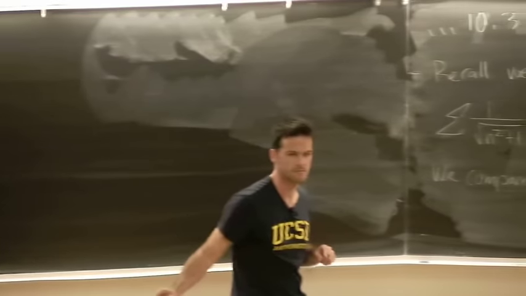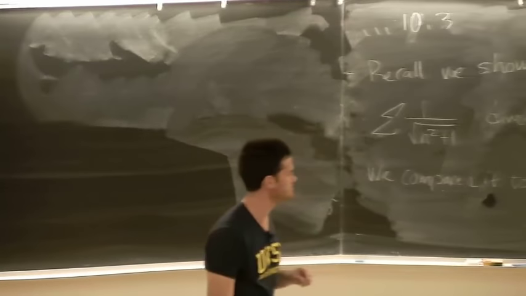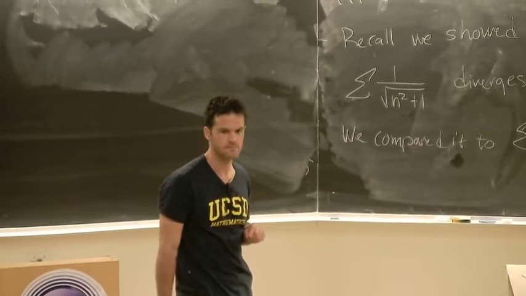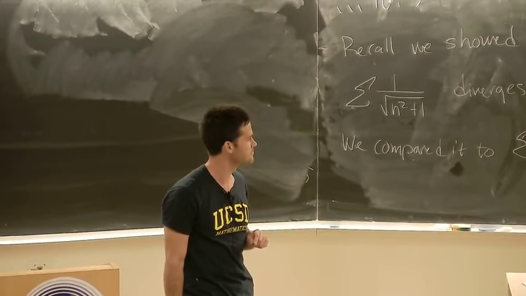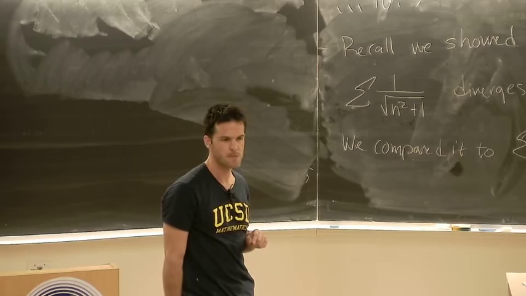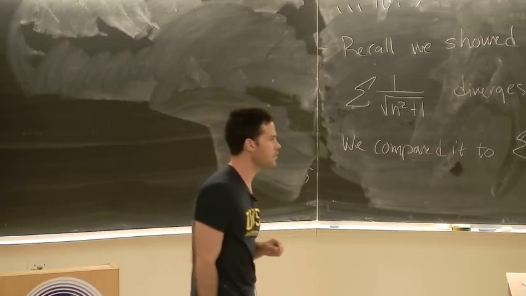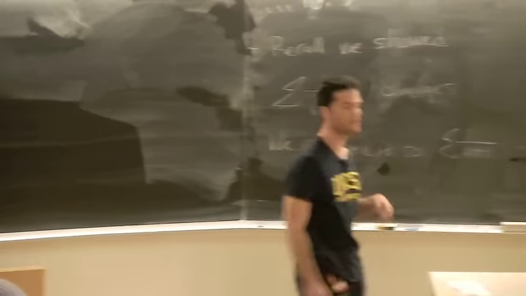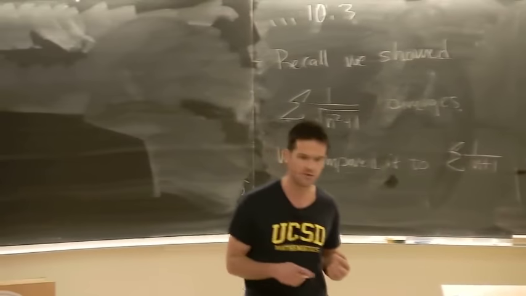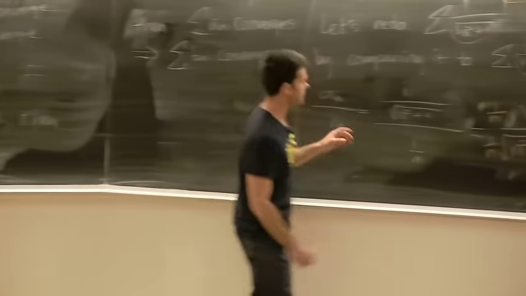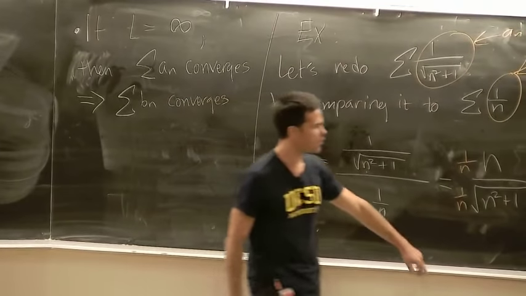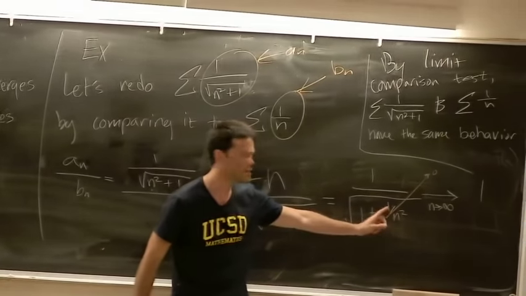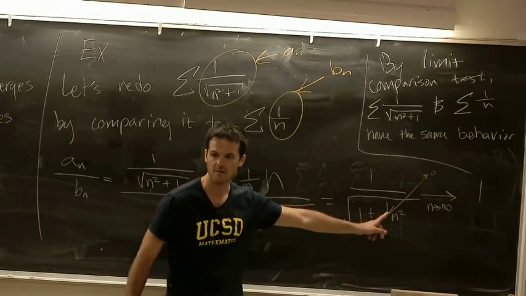Is there any way you could draw the label? I'm not understanding how, if the limit is greater than 0, that automatically means that we can assume that either both converge. Well, this example that I did was meant to give you that sort of intuition, because notice what happened in this example. When I compared 1 over root n squared plus 1 to 1 over n, what really happened was that annoying little 1 went away.